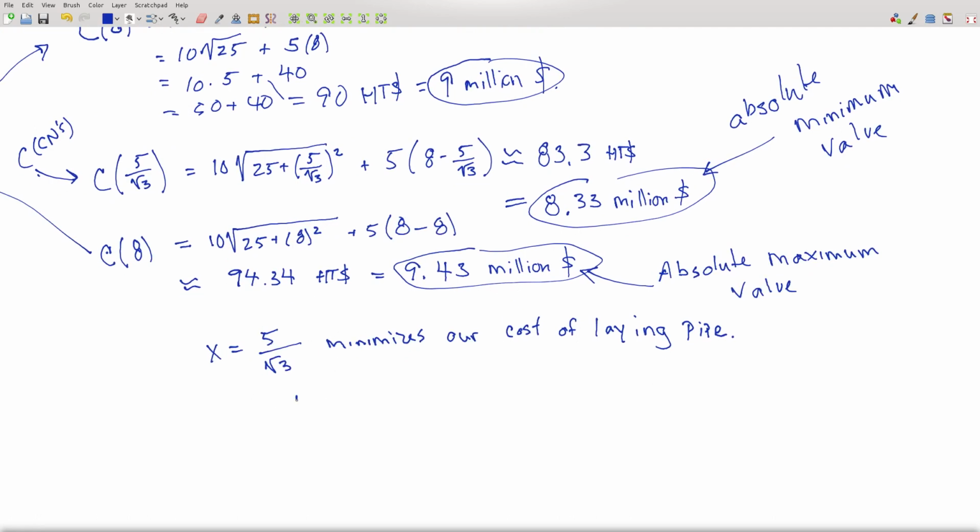Now remember, the distance along the ground, g, was equal to 8 minus x, so this is 8 minus 5 over the square root of 3. This is in units of miles. When you type that in the calculator, you can write that as 5.11 miles.